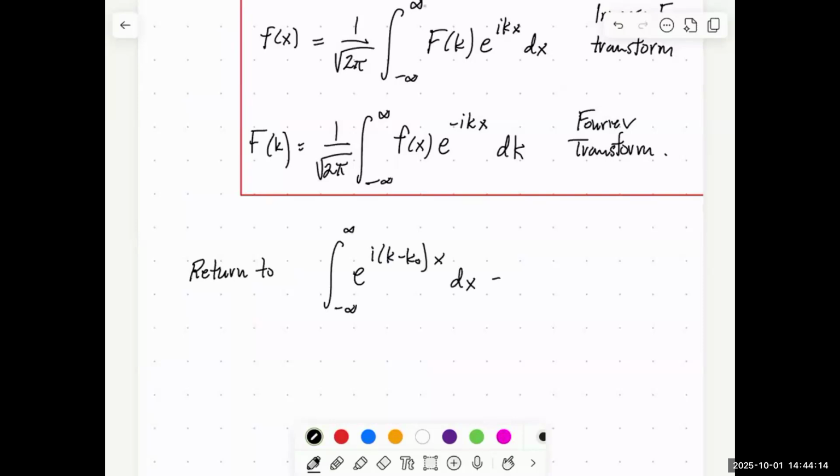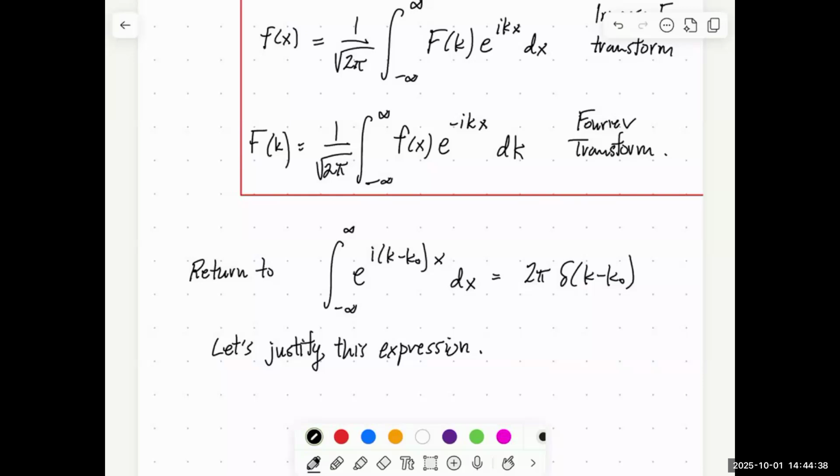And I claimed that that was 2 pi times this delta function, delta of k minus k naught. Let's justify, so I won't say derive, let's justify this expression or demonstrate that it works. Okay, so how are we going to do it?